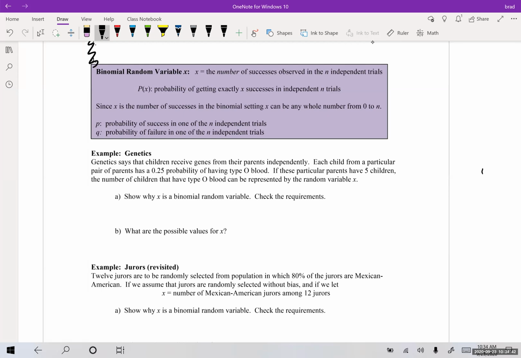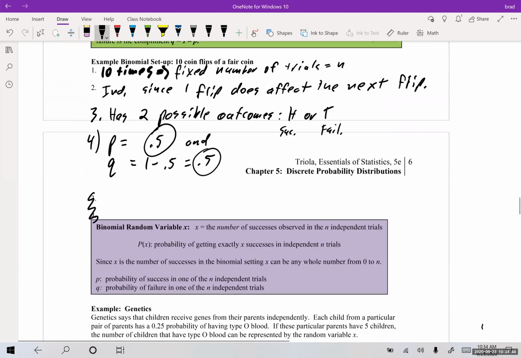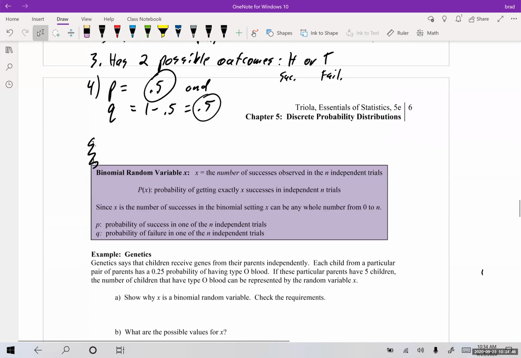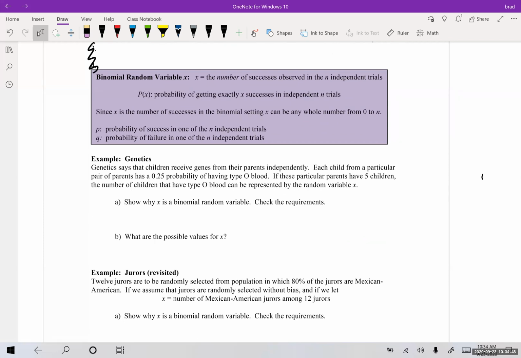So first thing we're going to check, we're going to go down our list. Remember, we have 1, 2, 3, and 4. So first thing we want to know is, 1. Does it have a fixed number of trials? Yes, they have 5 kids, 5 children. So check. n equals 5, right?